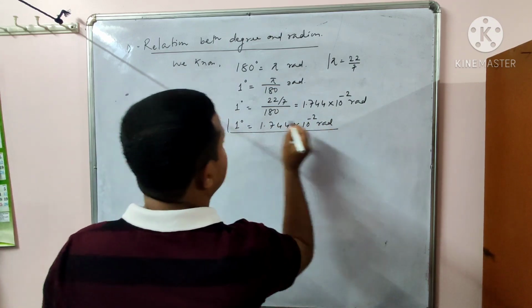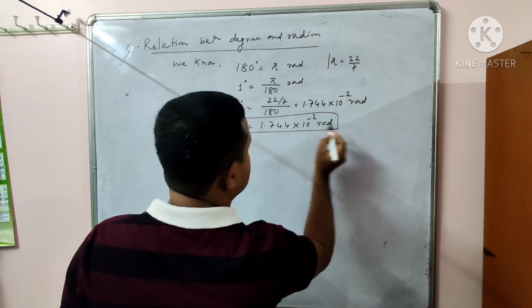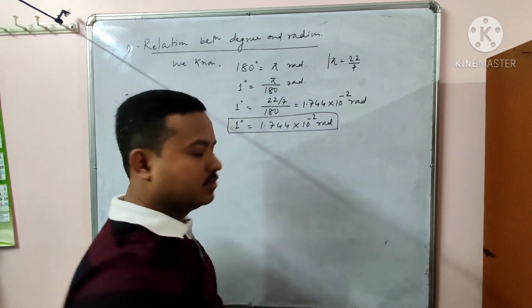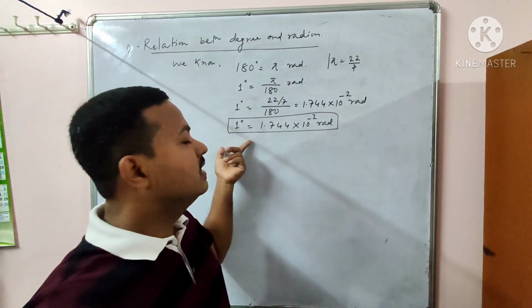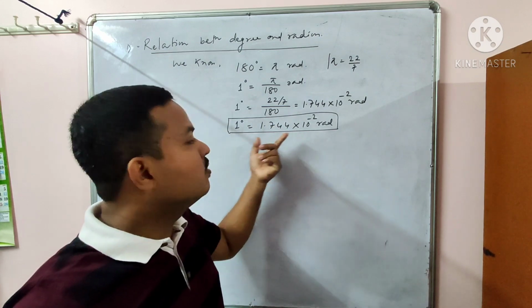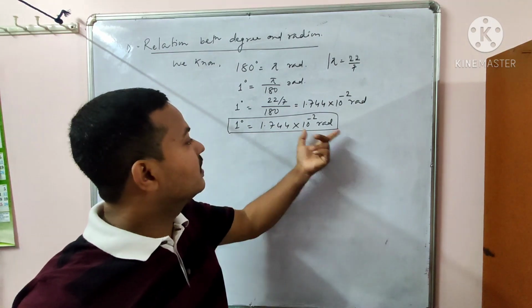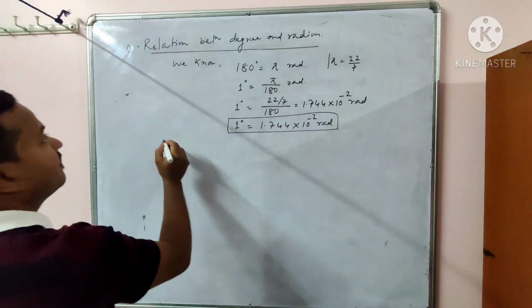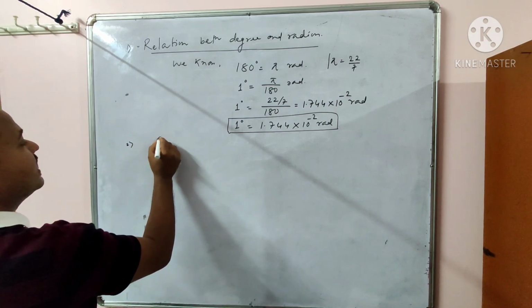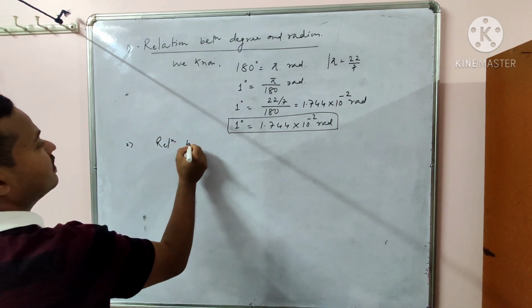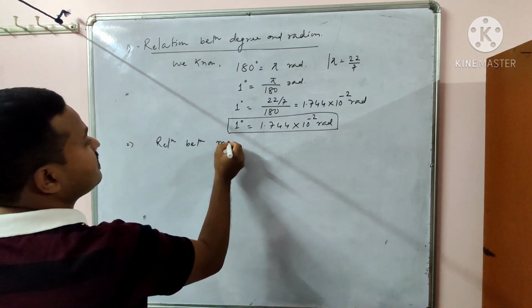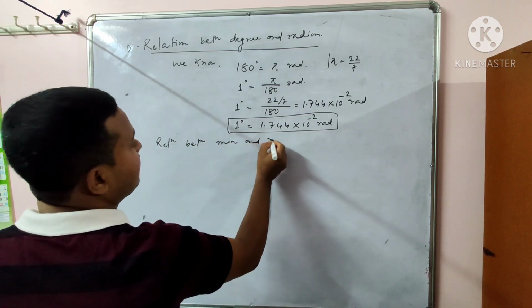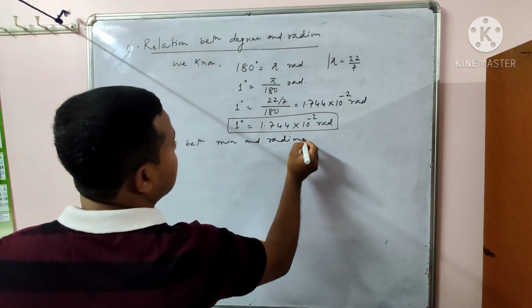Just remember it; in numericals you can use it directly. If a degree value is given, say 30 degree, and you want to convert it to radian, directly multiply with this and it is converted to radian. Then we have the relation between minute and radian.